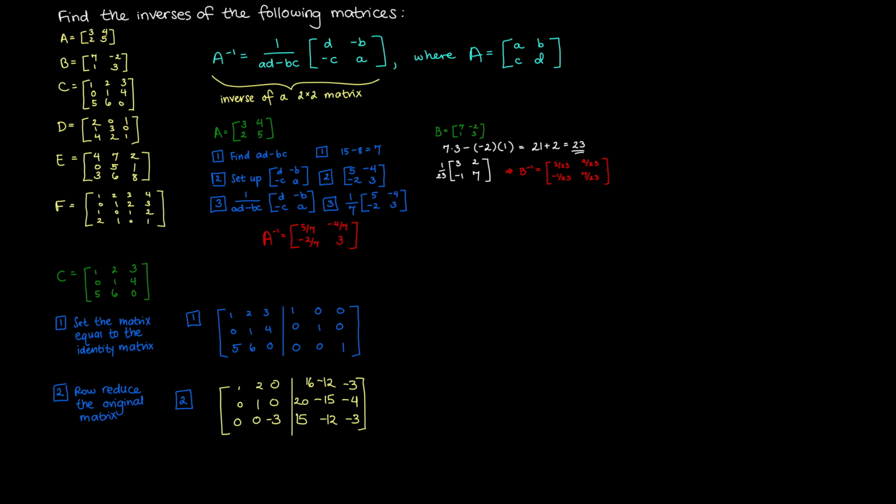Finally, we want to make this a 0. So I'm going to multiply this entire row by -2 so that this becomes -2 and cancels with this.